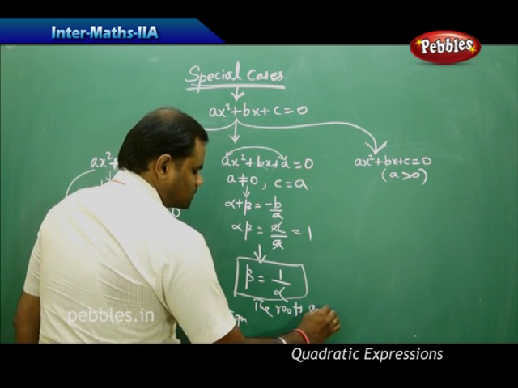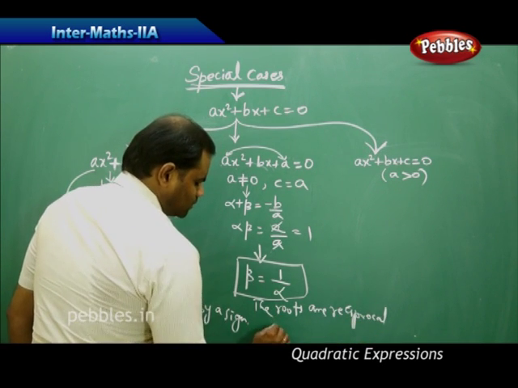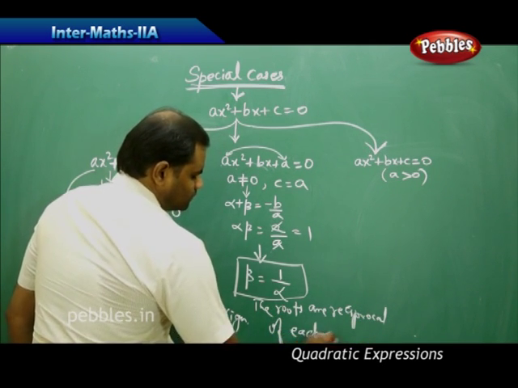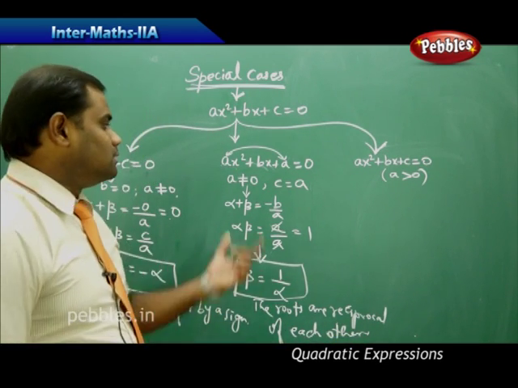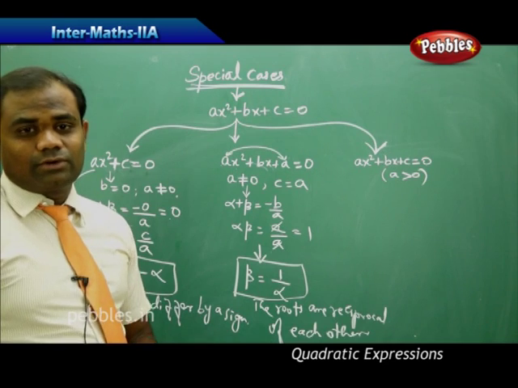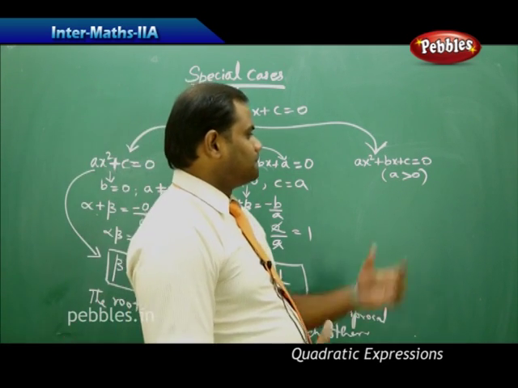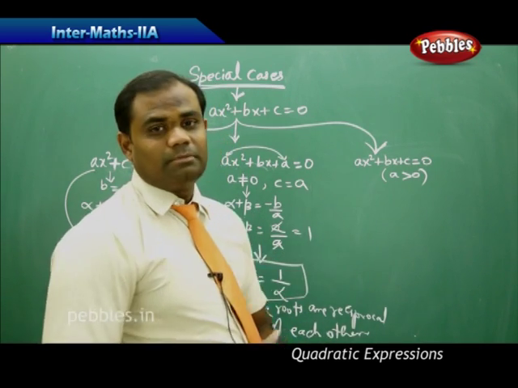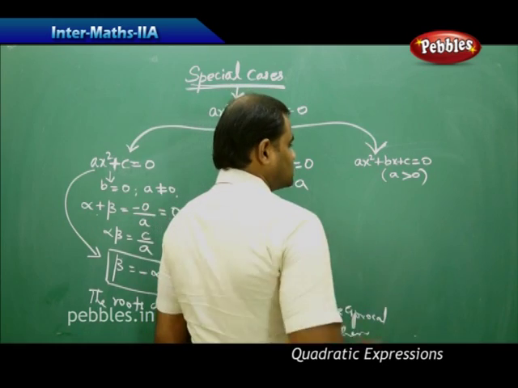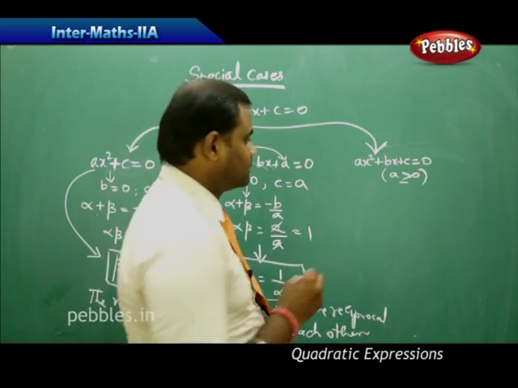The roots are reciprocal of each other, is how we understand the second case of the quadratic equation. Thirdly, let's consider the third quadratic equation, in its general form ax square plus bx plus c. Now in this case I have taken the special case of a being positive.